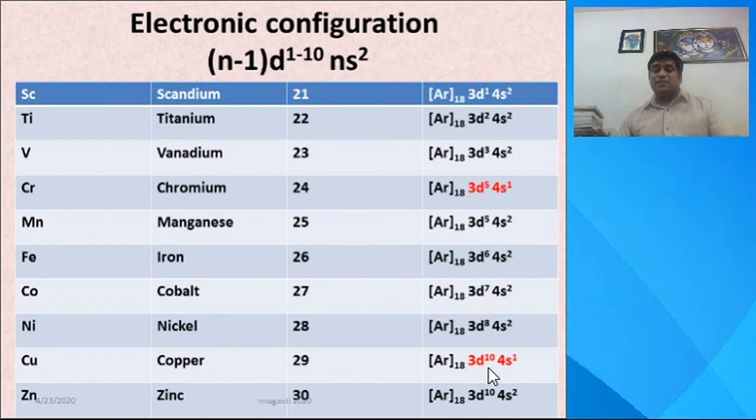Because of the extra stability of a fully filled d orbital, since the maximum number of electrons accommodated by the d orbital is 10, d10 is going to have extra stability. So because of this extra stability, copper prefers to have the configuration 3d10 4s1. So that's how the electronic configuration goes.